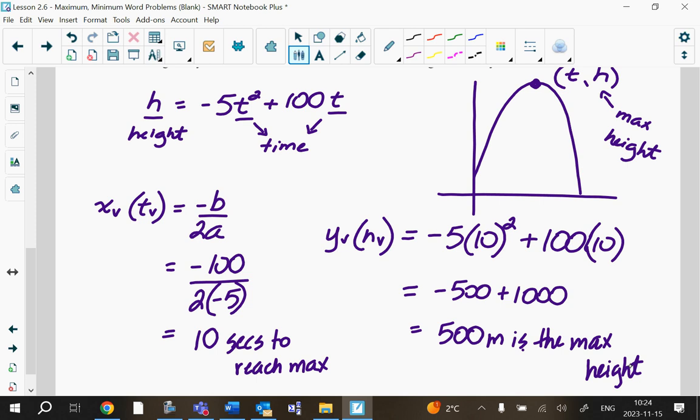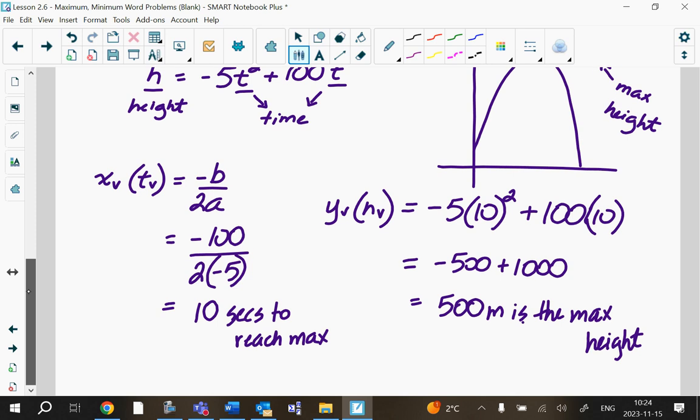So that's one type of max-min problem where you're given the quadratic function. The questions you will be asked will involve the y-intercept and/or the vertex.